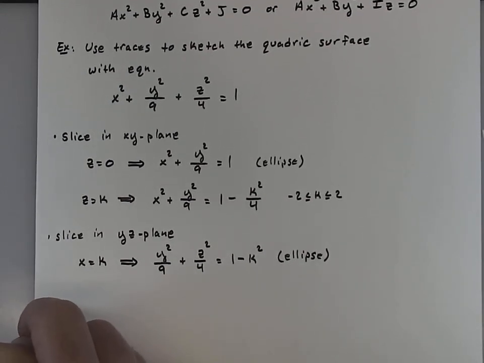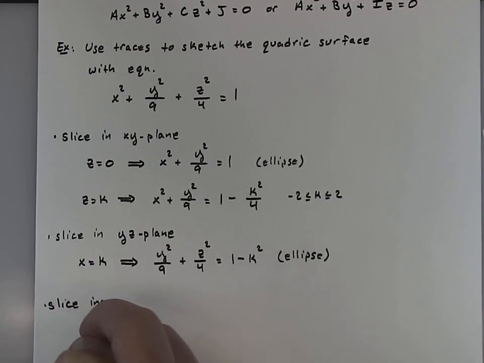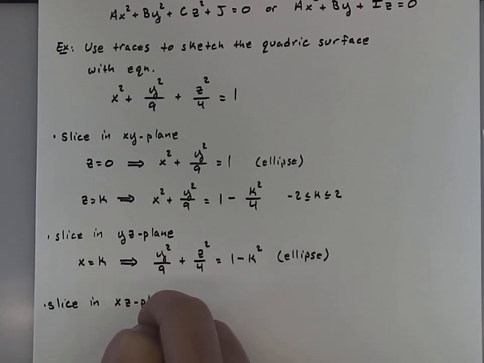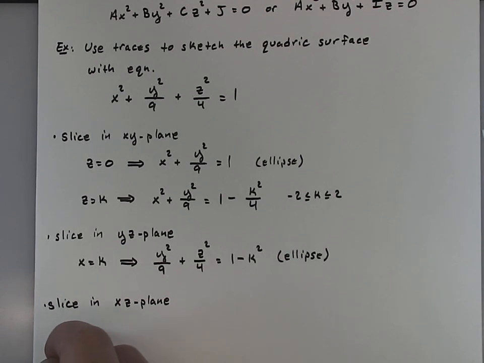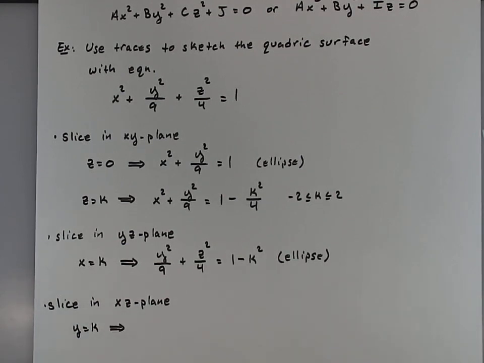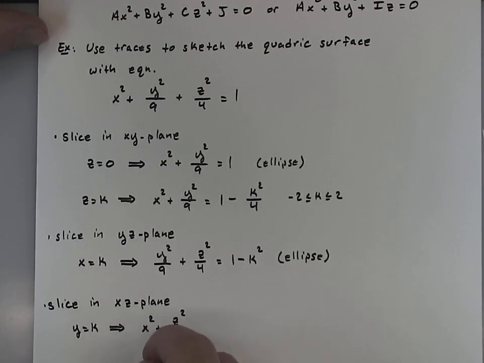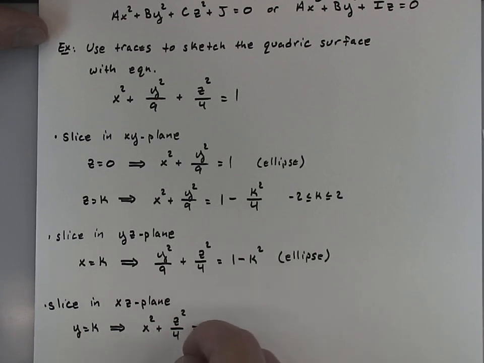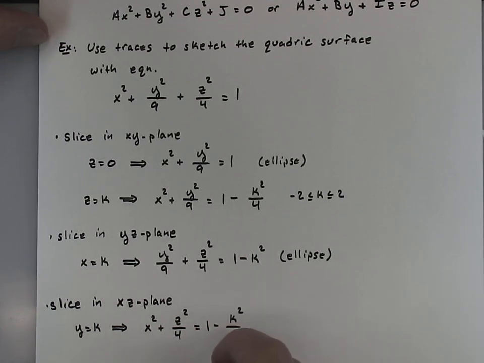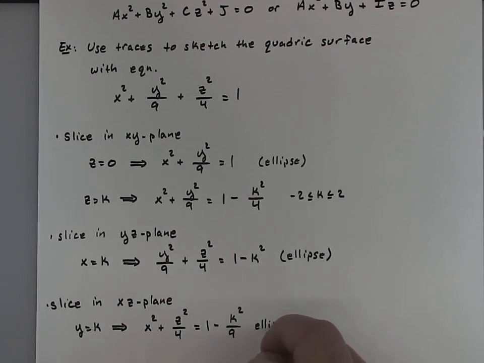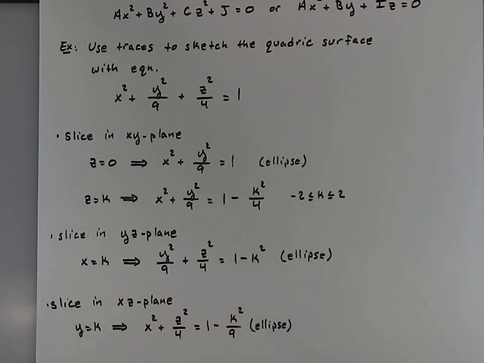Last, if I take a slice in the xz plane, then y is a constant, which that equation turns into x squared plus z squared over 4 is 1 minus k squared over 9, which is also an ellipse.